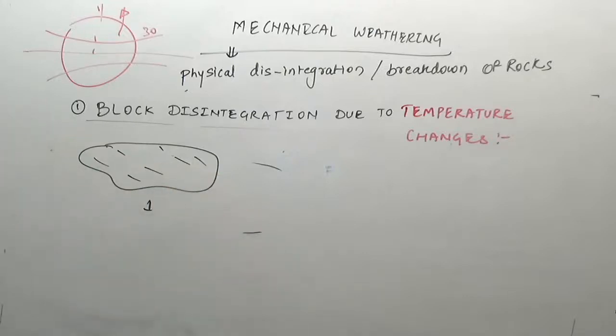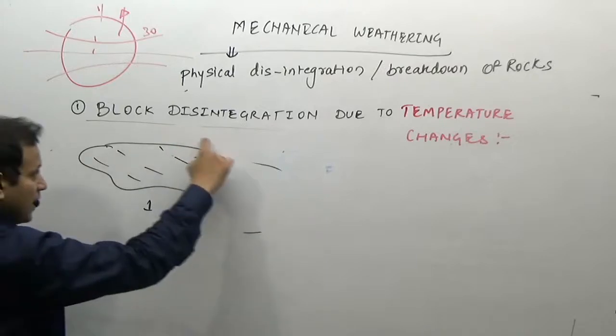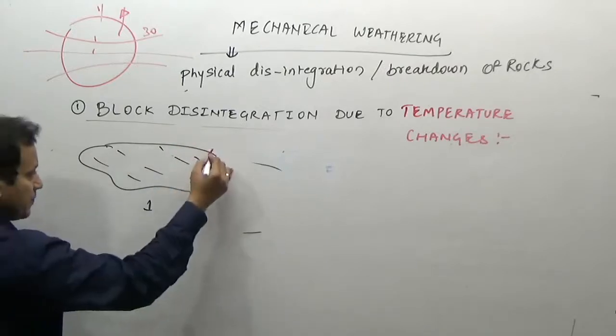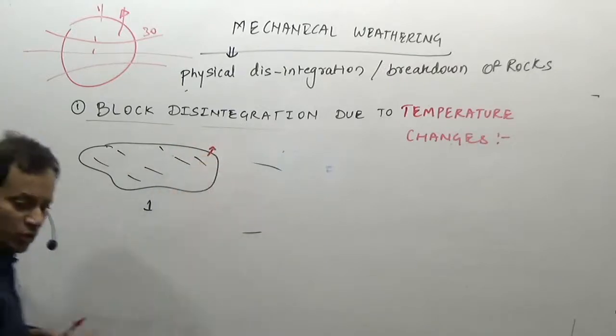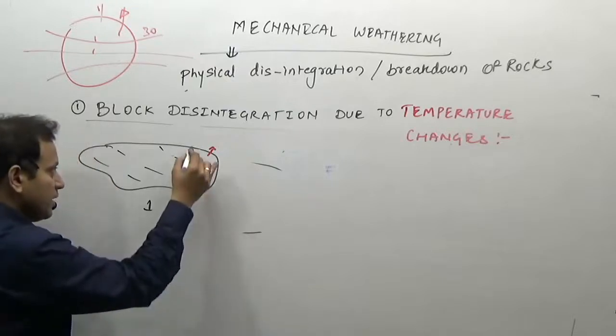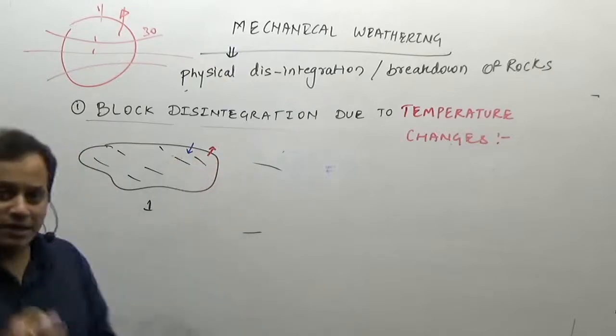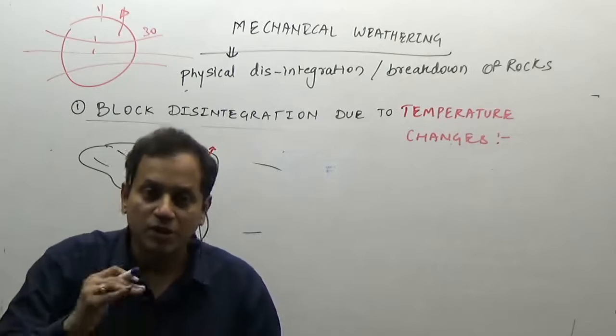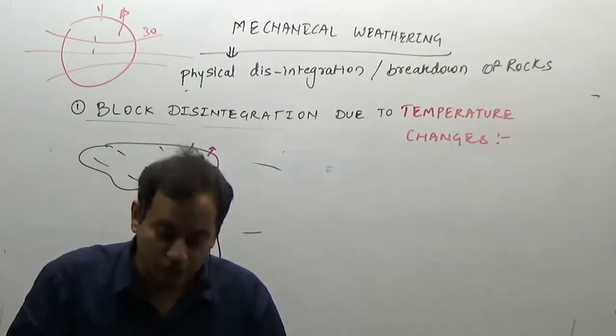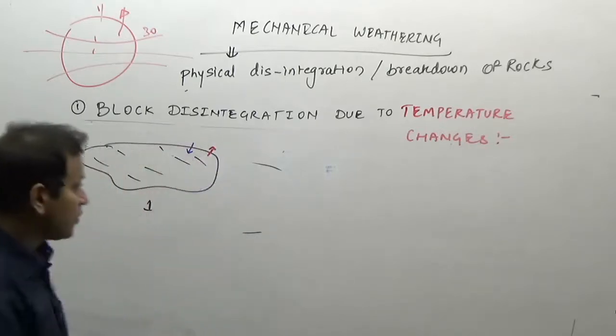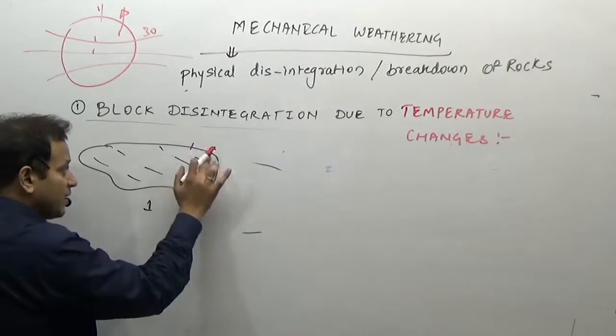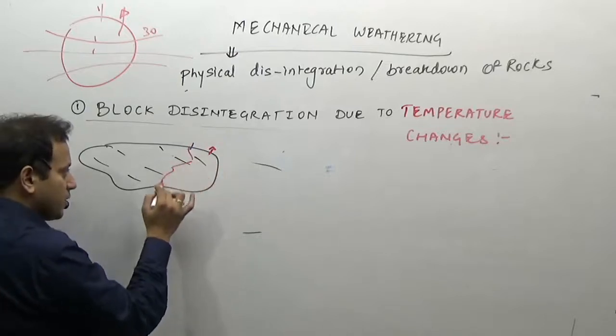These outer layers expand during the daytime and become cool and contract during the night time, so there is alternate expansion and contraction generally affecting only the outer layers of the rock. As a result, the rocks start cracking, or a stress is set up in the rocks.